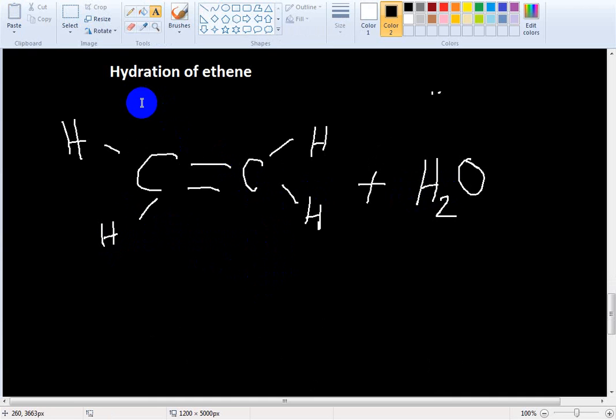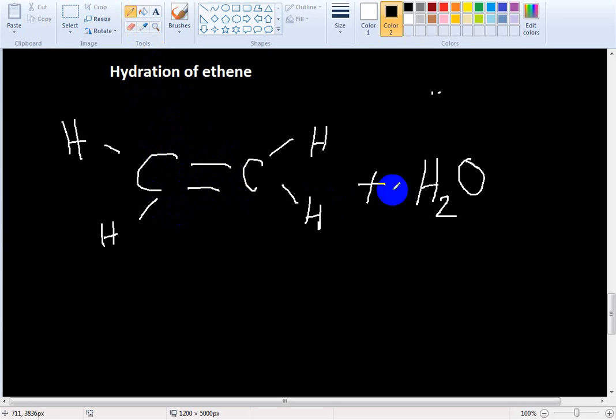Dehydration means water is lost. Hydration means water gained. In this molecule, water will be added. So this compound will gain water.